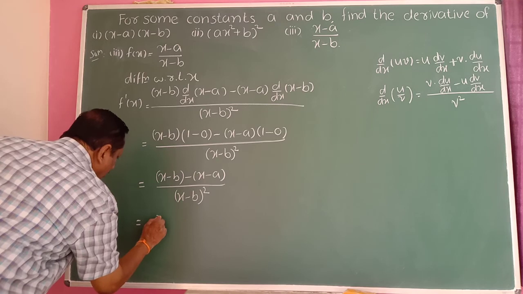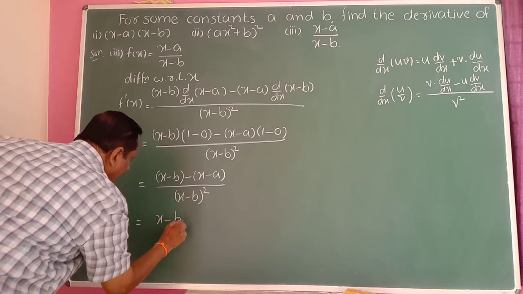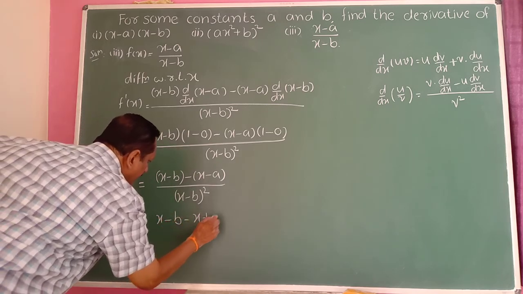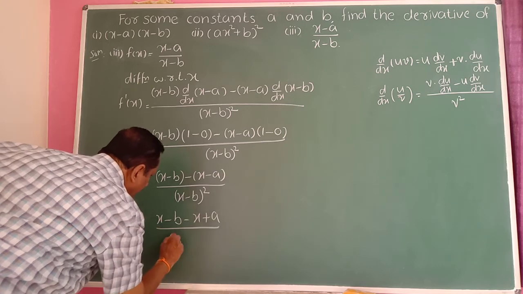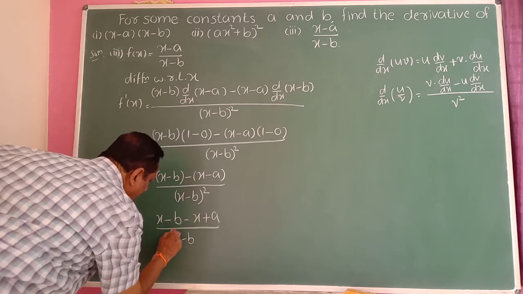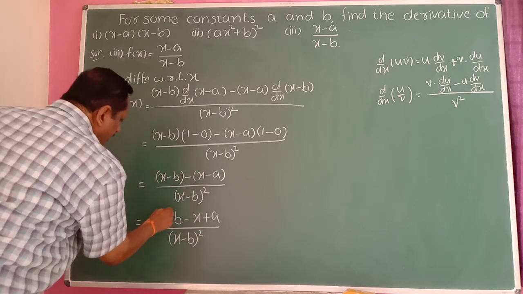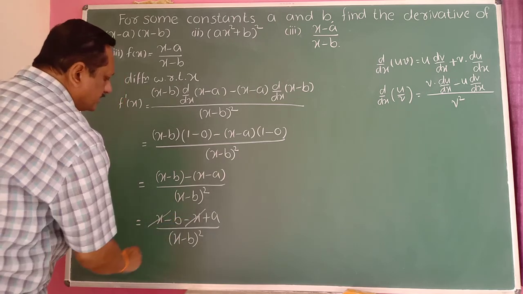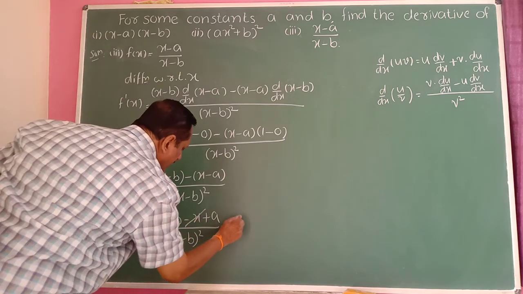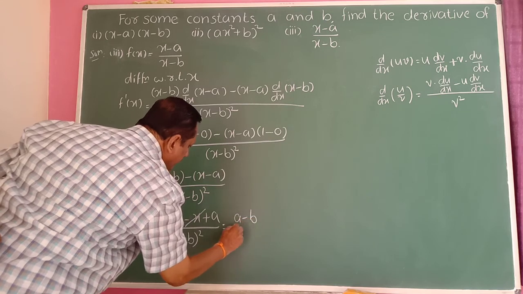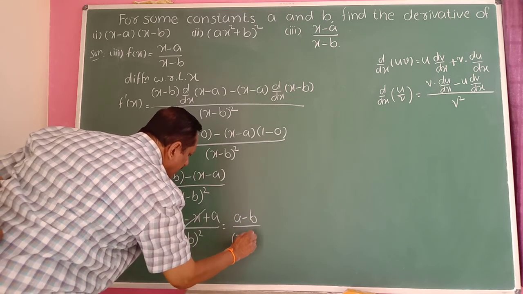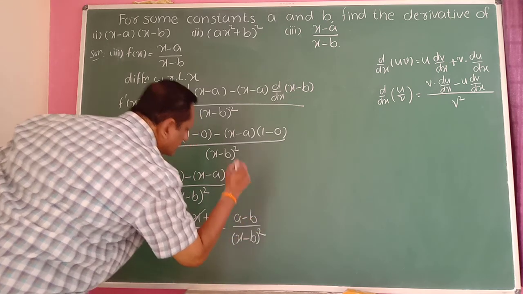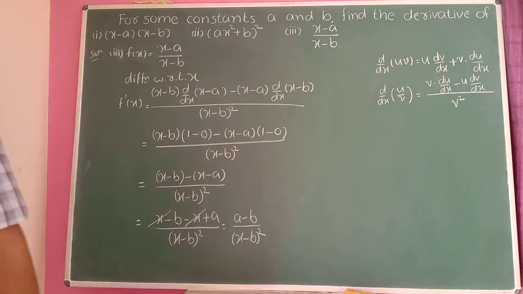Therefore this is equal to (x − b − x + a) divided by (x − b)². Then plus x and minus x cancel. Minus b plus a can be written as a − b, divided by (x − b)². (a − b)/(x − b)² is the answer here.